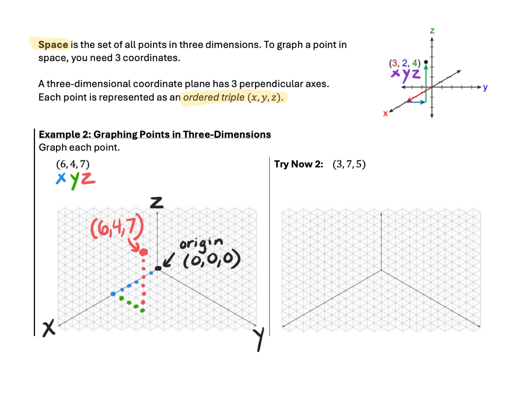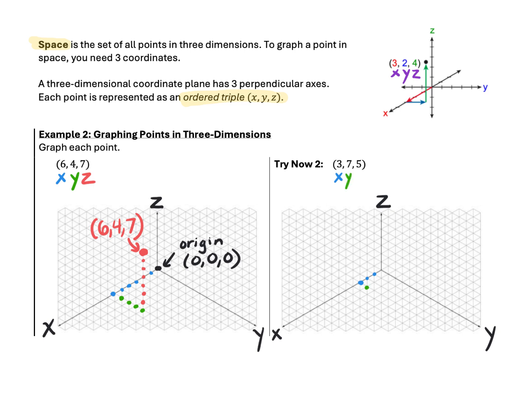Let's do the try now as well. This has an x value of 3, a y value of 7, and a z value of 5. So for my x direction, I'm going to use blue again. So 3 from the origin, 1, 2, 3. And then 7 in the y direction.